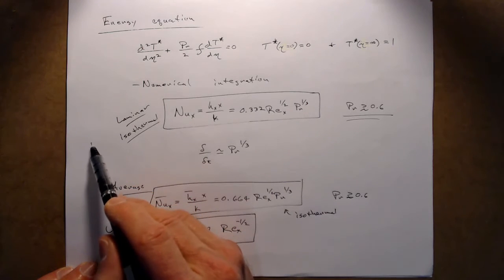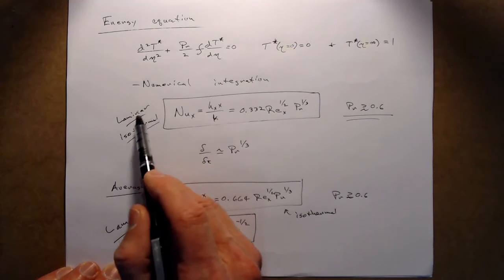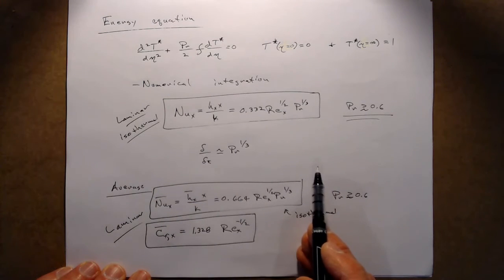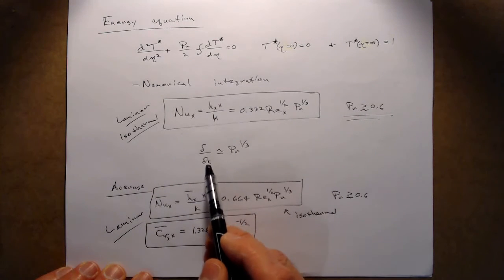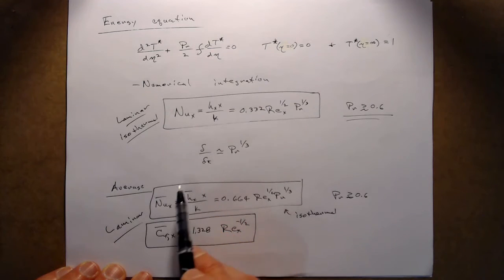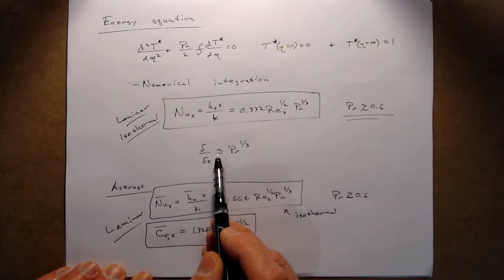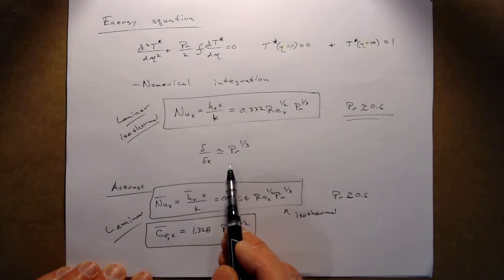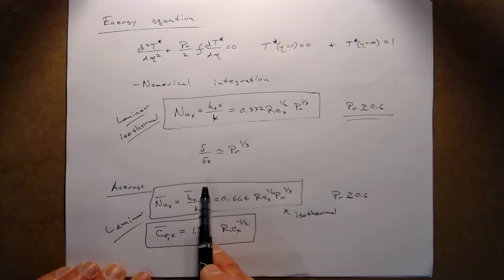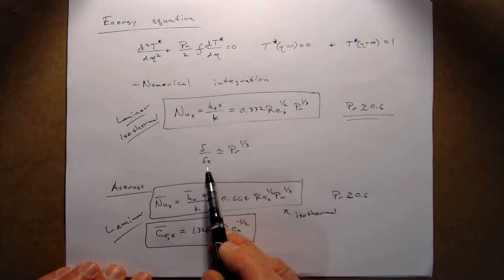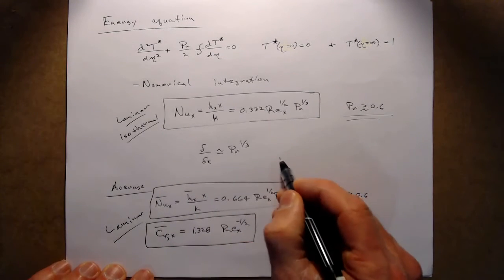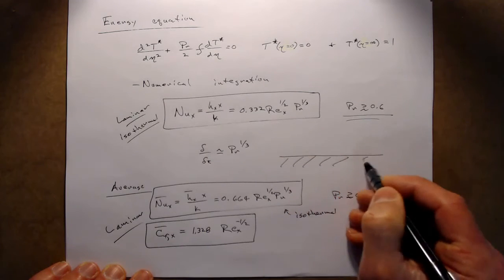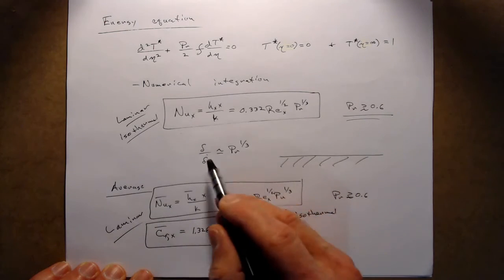And for this laminar case with reasonably high Prandtl number, we can say that the ratio of these two boundary layer thicknesses are proportional roughly to Prandtl number to the 1/3, the cube root of the Prandtl number.